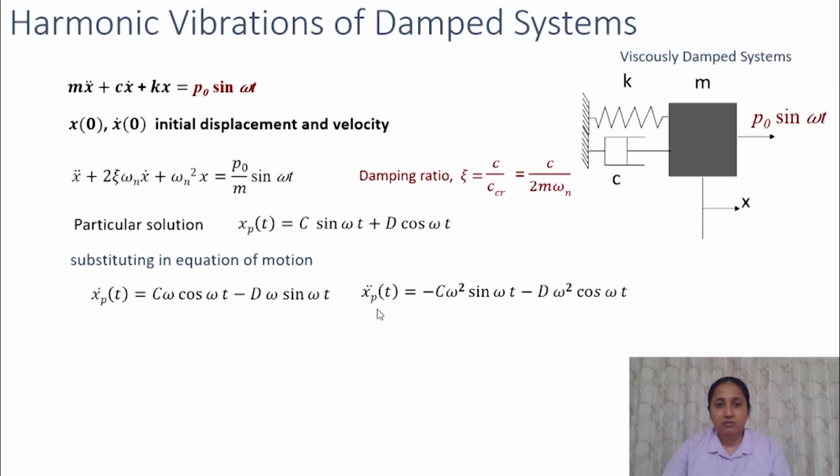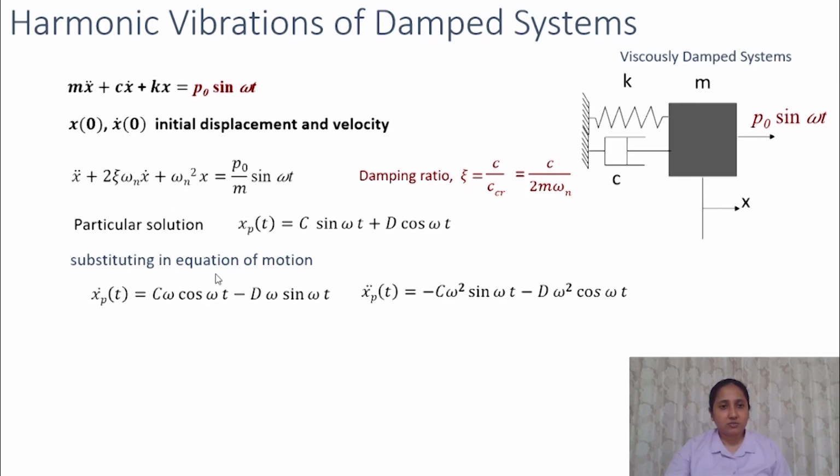Similarly, we can find the acceleration by differentiating this velocity once more. So the acceleration would be minus C omega square sin omega t minus D omega square cos omega t. Now we can substitute the particular solution expressions for displacement, velocity and acceleration in this equation of motion.